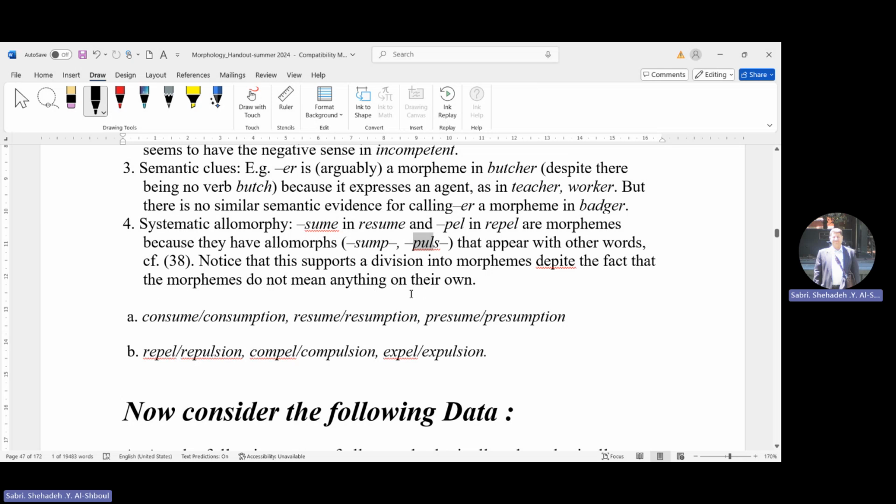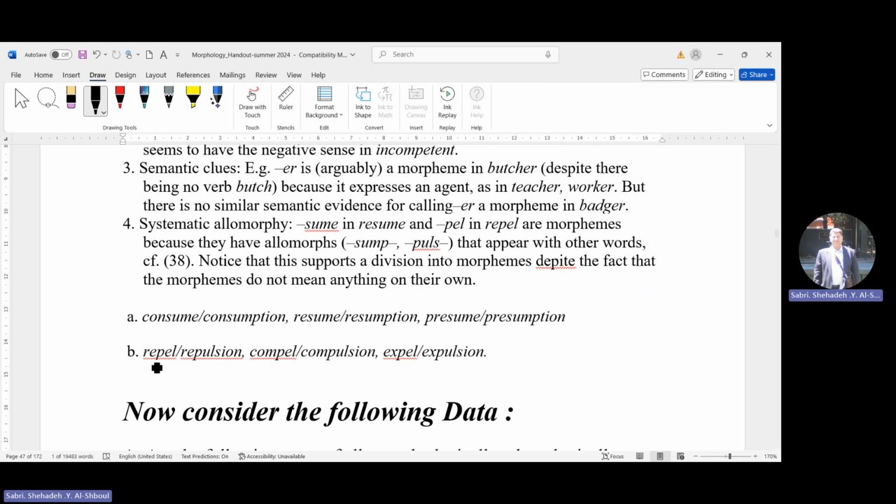So they have to attach to other forms, like when we talk about consume, consumption, right? It is assume, right? With sump, right? Resume, resumption, right? Presume, presumption. Repel, repulsion, right? Compel, compulsion. Expel, expulsion.